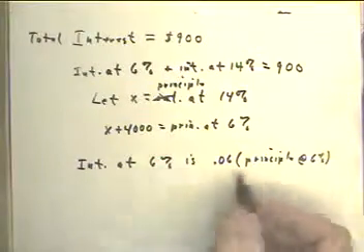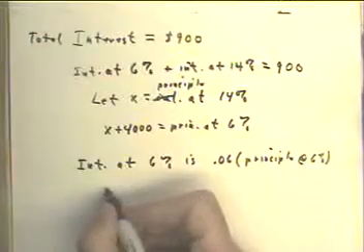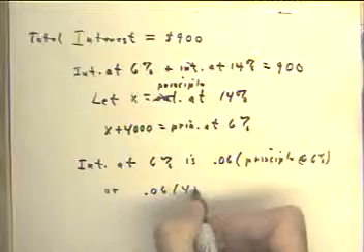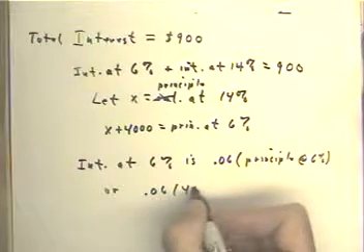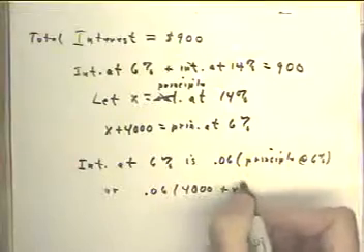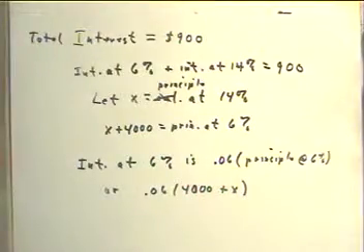So we'll say that's 0.06 times the principal at 6%, or 0.06 times X plus, well, I was going to write X plus 4,000. We'll rescue that one by writing 4,000 plus X. Hopefully that won't be confusing. Okay.